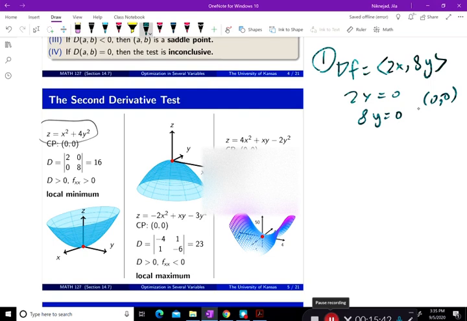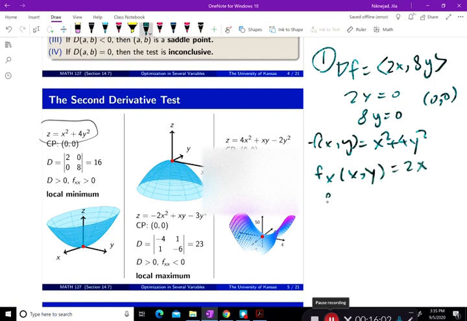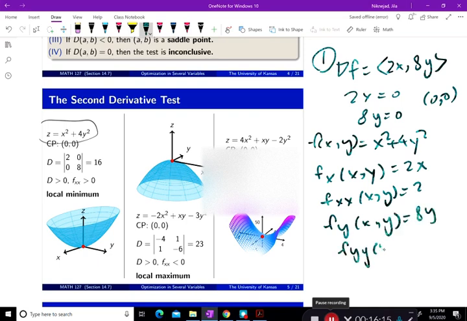So now we have to compute, let's say f(x, y) is x squared plus 4y squared. We have to compute f sub x of (x, y), which we just computed is 2x, then f sub xx of (x, y), which is 2, then f sub y of (x, y), which is 8y, and f sub yy of (x, y), which is 8.